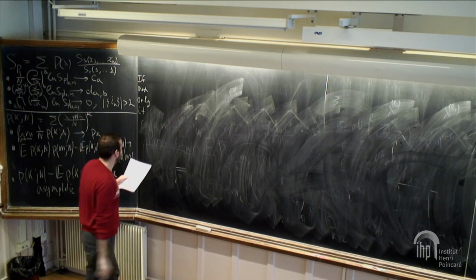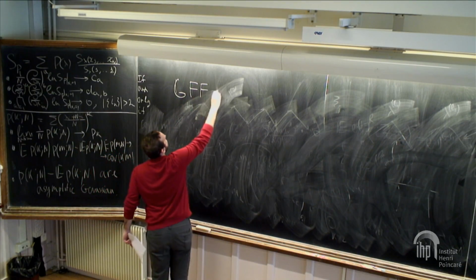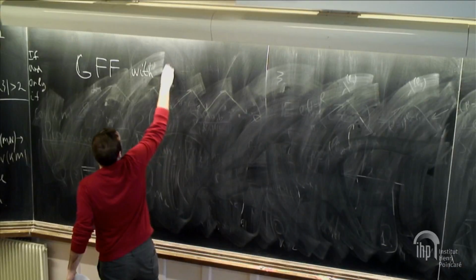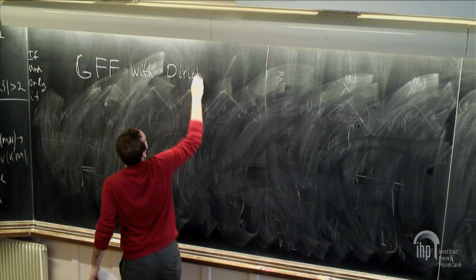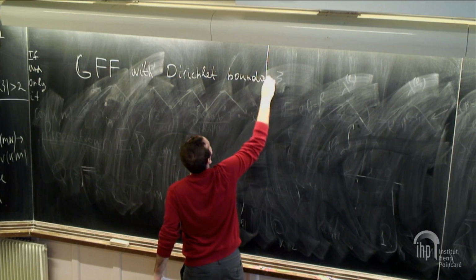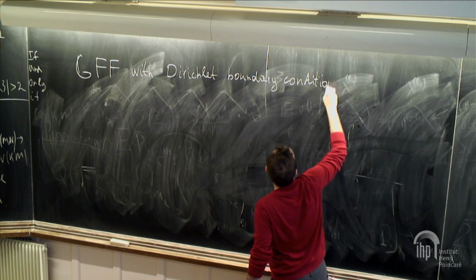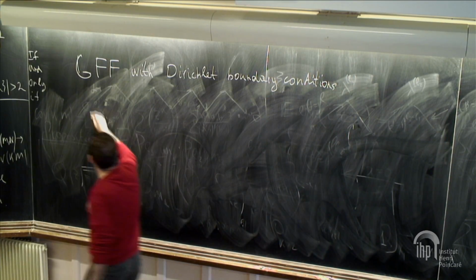We will define the Gaussian free field with Dirichlet boundary conditions in the upper half plane.